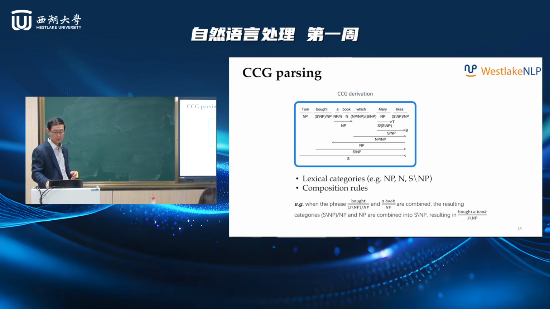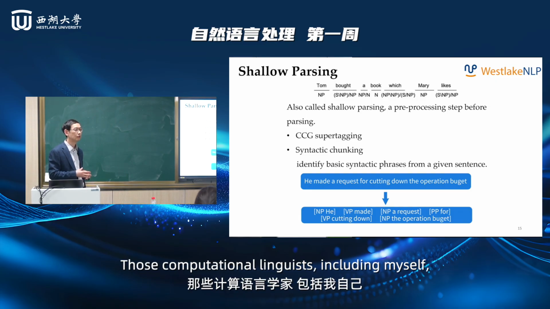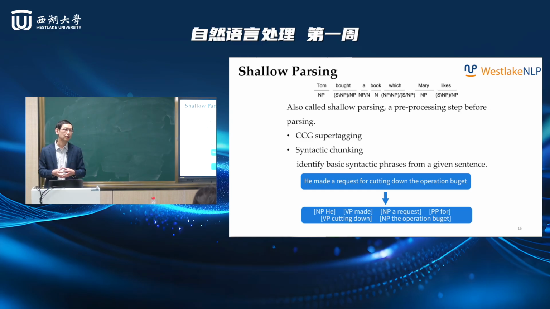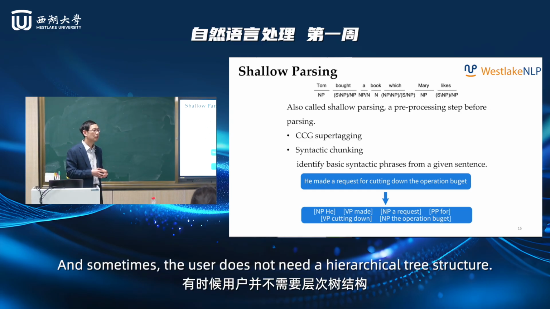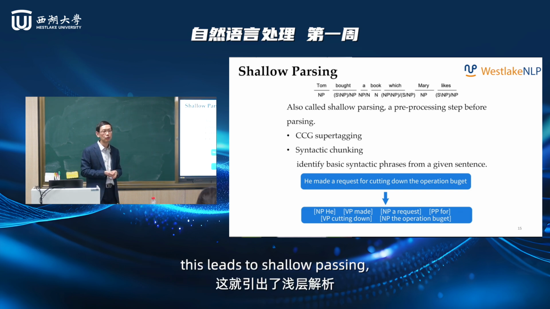And people have been studying algorithms to implement these parsers, those computational linguists, including myself. Sometimes the user does not need a hierarchical tree structure. They only need part of the tree, or spans. So this leads to shallow parsing.